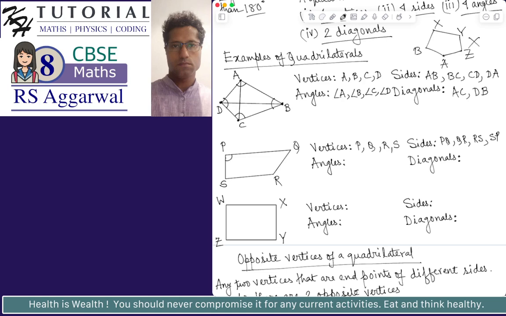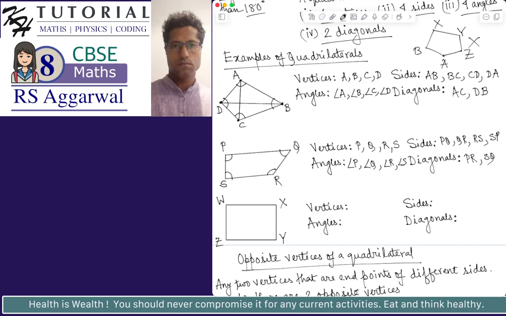This is the angle P. The angles are named by convention after the vertices: this is angle P, this is angle Q, this is angle R, and this is angle S. Now what are the diagonals? The diagonals are PR and SQ.